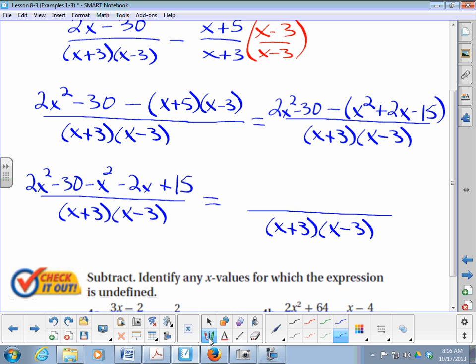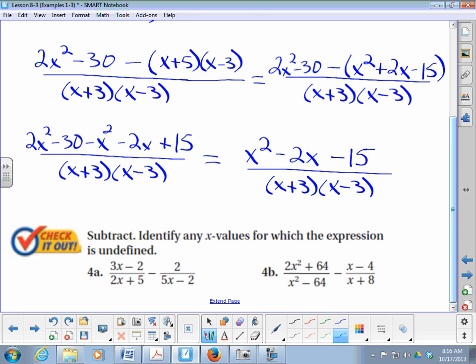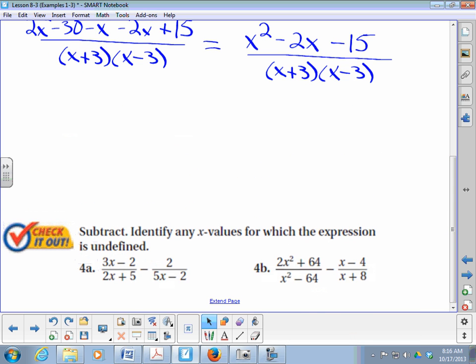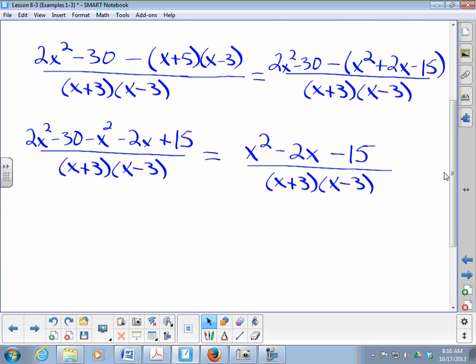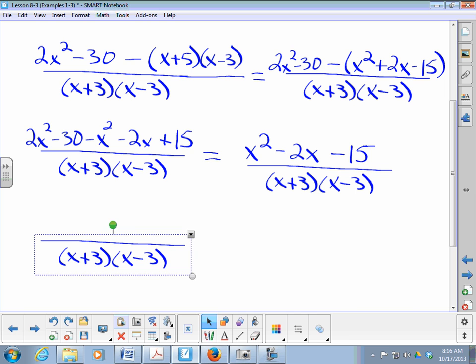Okay. So now I simplify, and 2x squared minus x squared is x squared. Look for my x's. I just have a negative 2x. And negative 30 plus 15 is negative 15. Can I factor the numerator now?